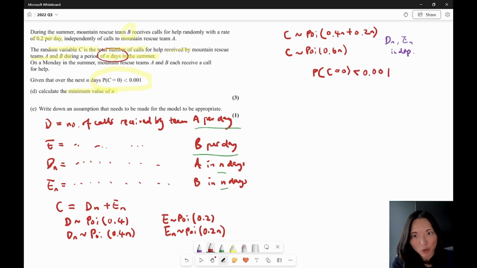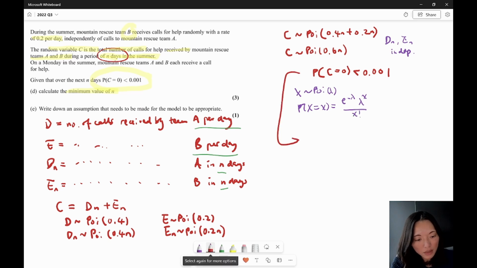How do we evaluate the probability of C equals 0 in a Poisson distribution? You have this in your formula booklet, but you may know that by heart anyway. If X follows a Poisson distribution with mean lambda, then the probability of X equals small x is simply e to the minus lambda, lambda to the power x, over x factorial.